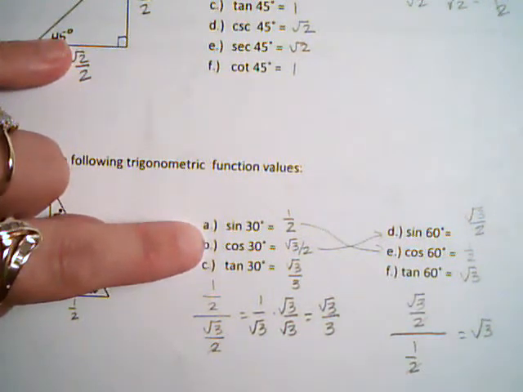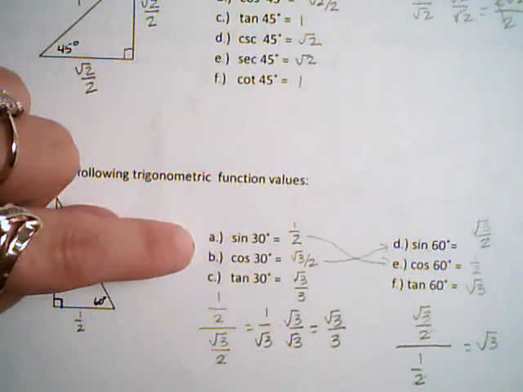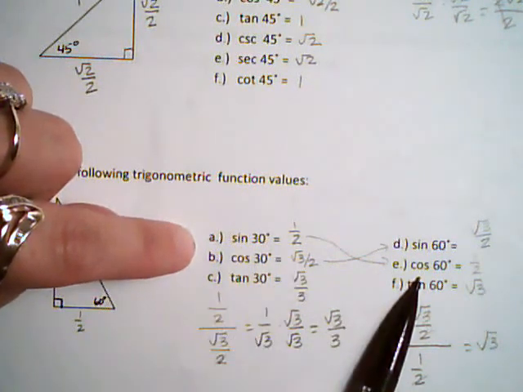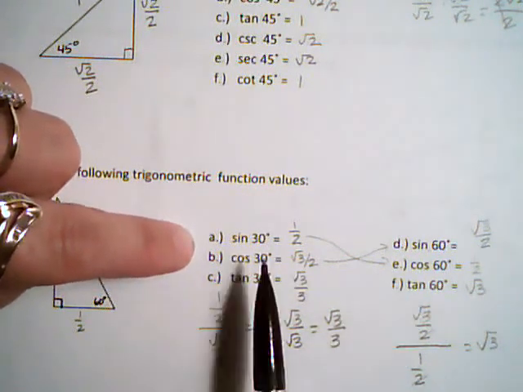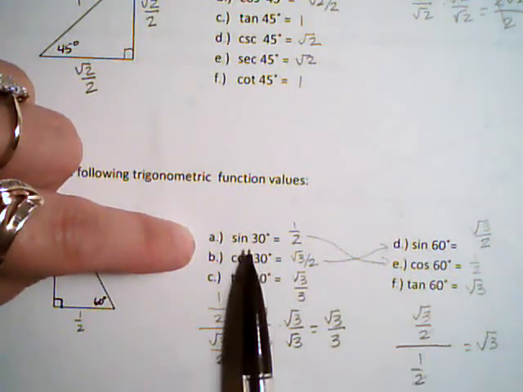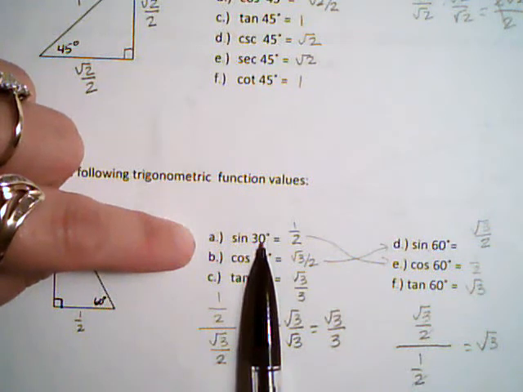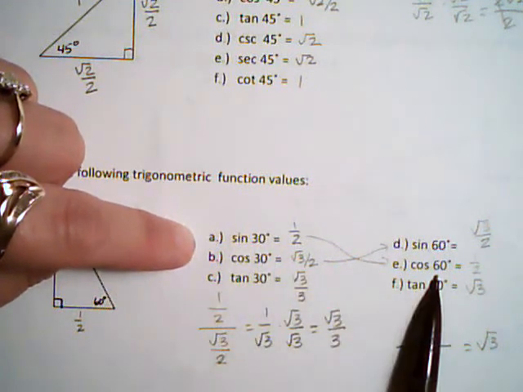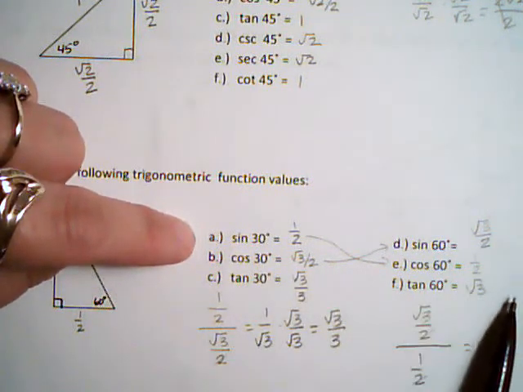And then also, if I look at the cosine of 30, that's equal to the sine of the 60-degree angle. These trig functions are what we call co-functions, and that's if their angles are complementary, then the sine of one angle would equal the cosine of its complement.